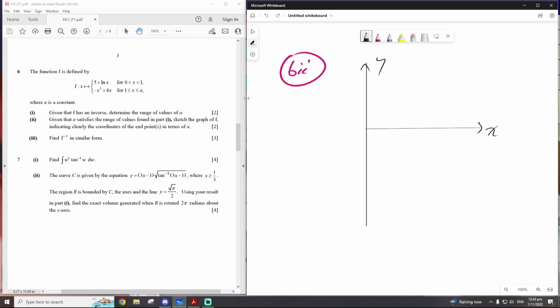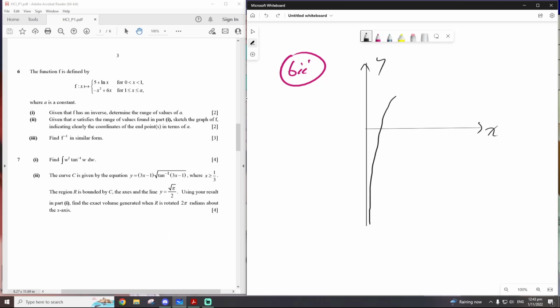So let's draw the 5 somewhere here, if I can. Very hard to draw this part. So this is the f of x part.